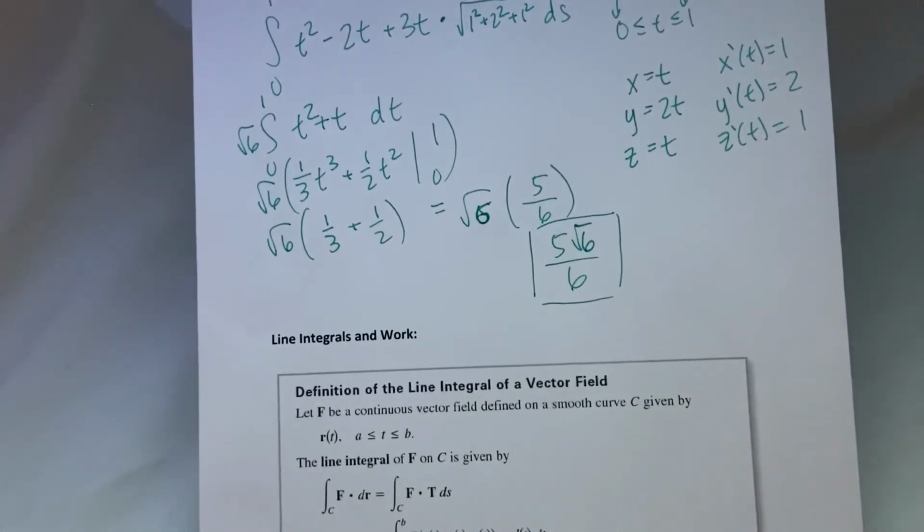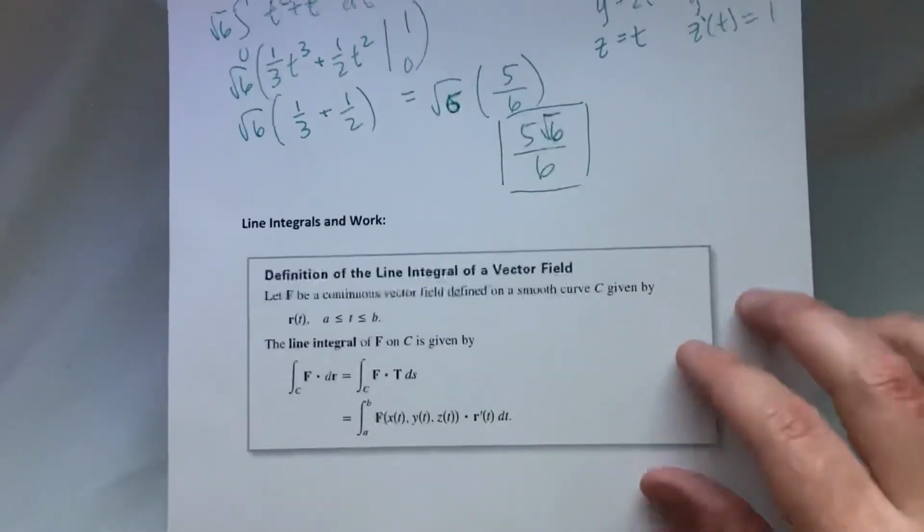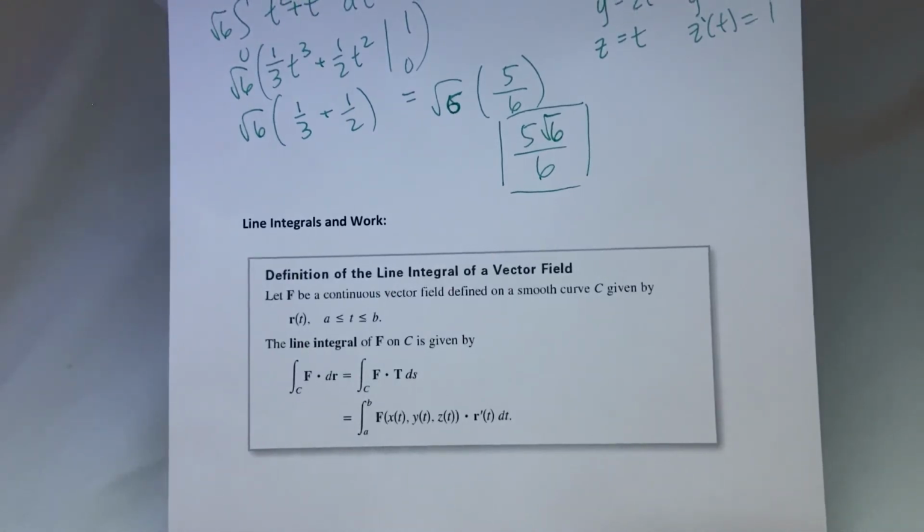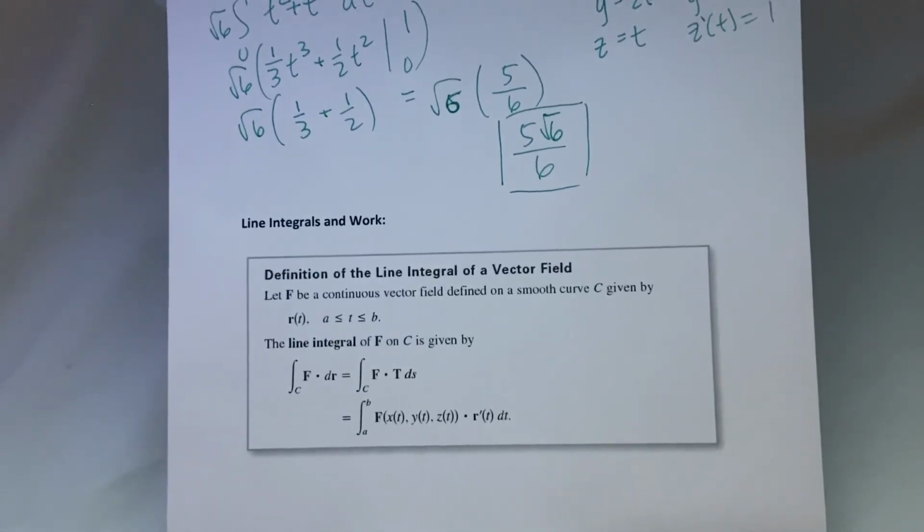So how does the line integral work? It applies to something called work, how much work is done. So the definition of the line integral of a vector field: if F is a continuous vector field defined on a smooth curve C over the interval a to b for time, the line integral of F on C is given by the integral over C of the dot product of F and the derivative of r, from chapter 11.